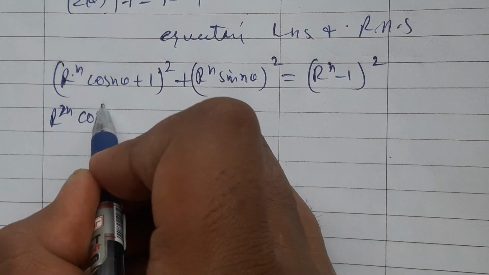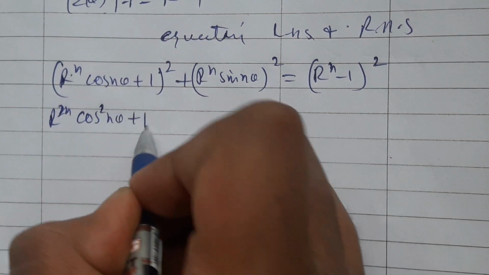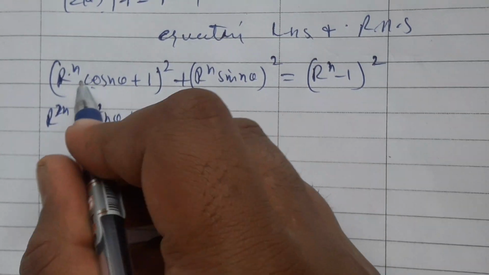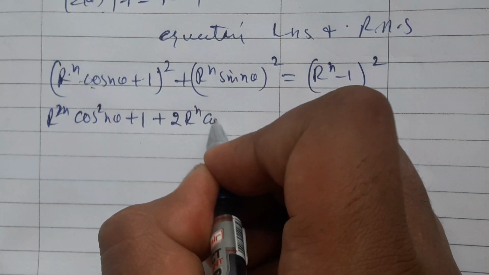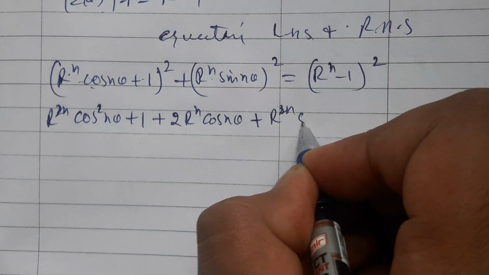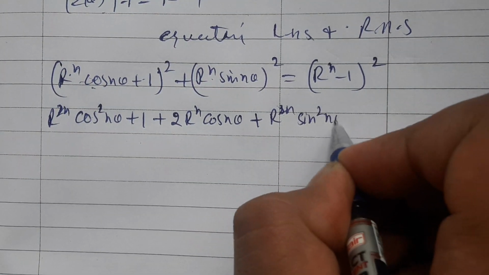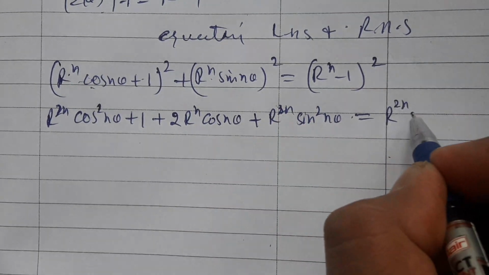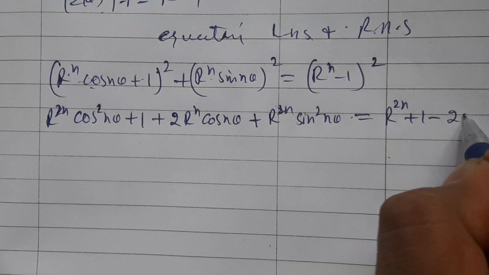Now let me open the square. This is r2n cos square n theta plus 1, a square plus b square plus twice the product ab, twice rn cos n theta, and here as well r2n sin square n theta, equal to r2n plus 1 minus 2 rn.